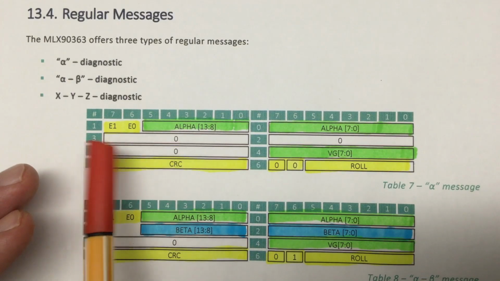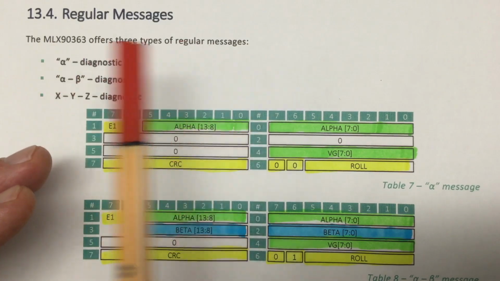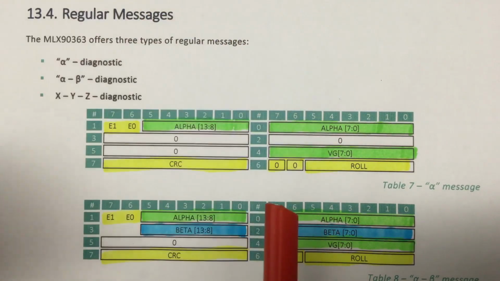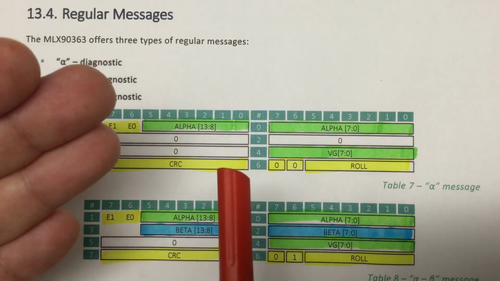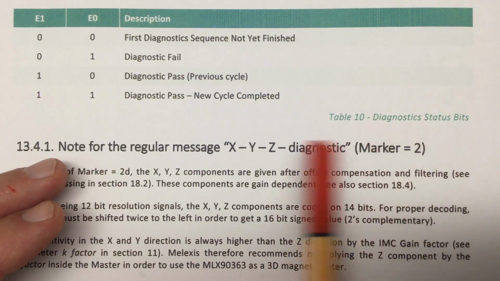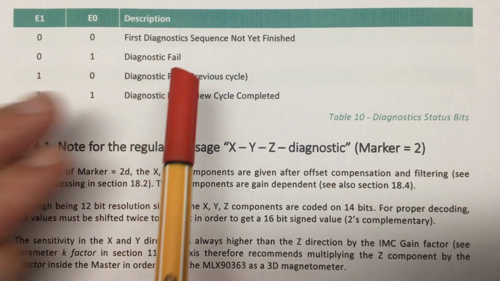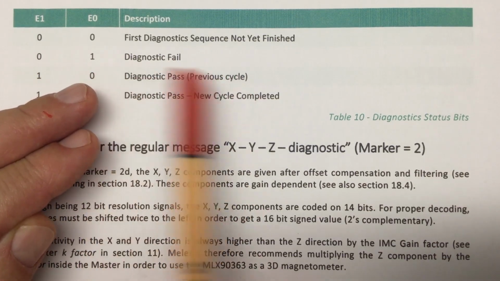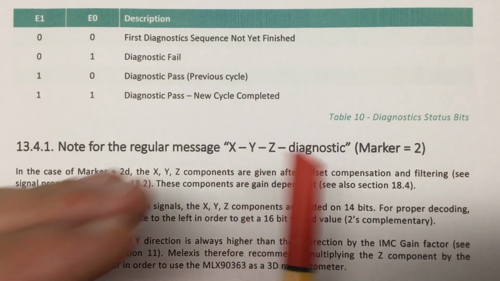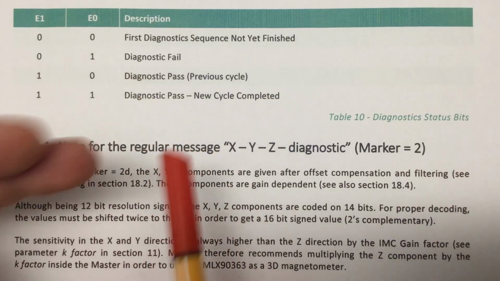So, these bits E1 and E0 are contained in the regular messages we've already implemented that return us actual magnetic measurement data from our chip. And here's table 10. So the bit combination 0, 1 would indicate a diagnostic fail, and then we can send a diagnostic message over to the chip and get back the diagnostic message with the detailed information.